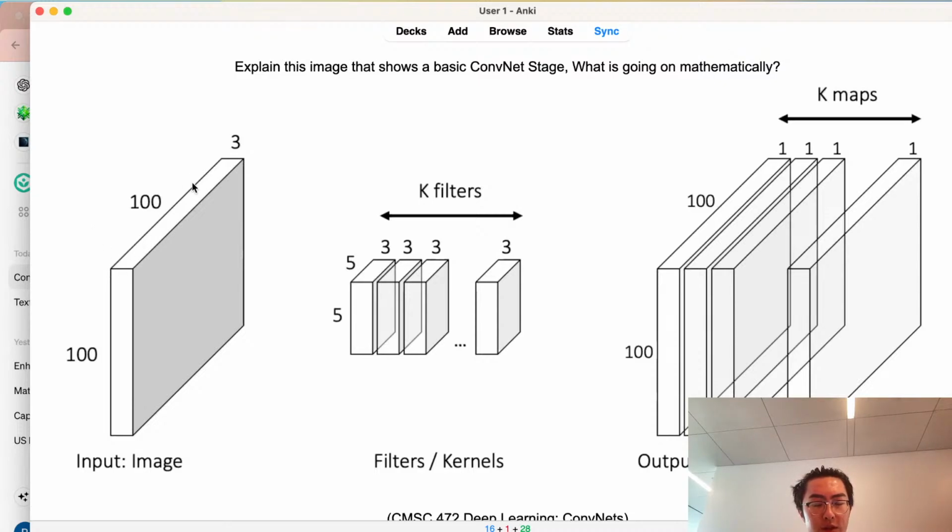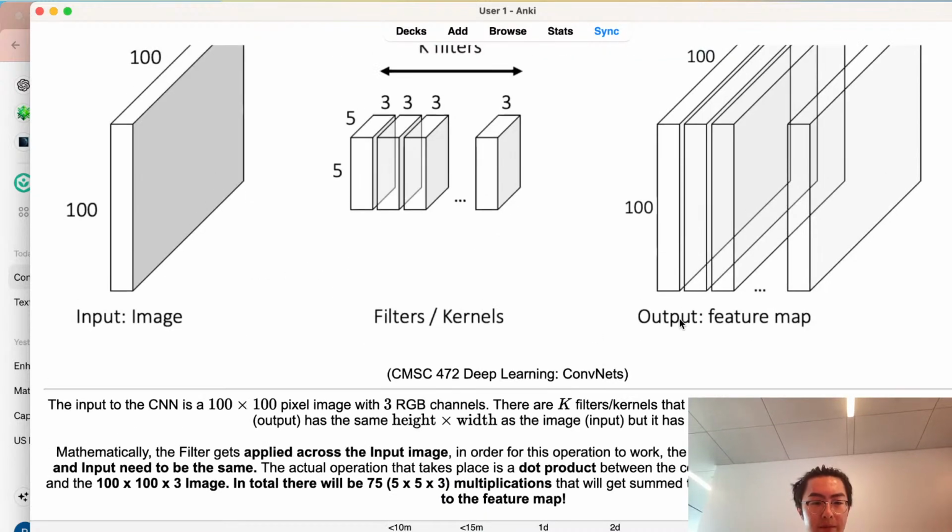And so that would ensure that the center of our filter touches every single point on the image. Padding of 2 and a stride of 1 to get the 100 by 100 feature map.